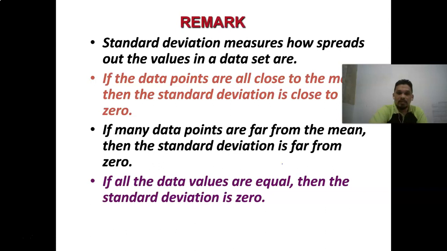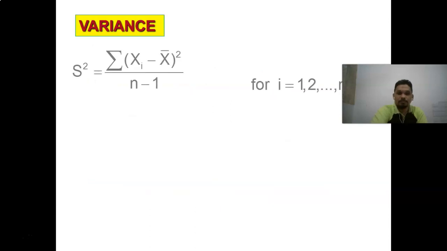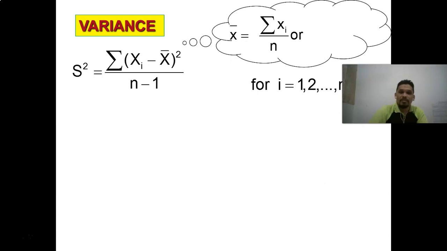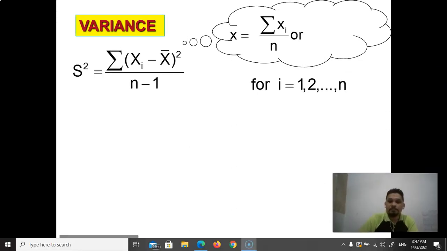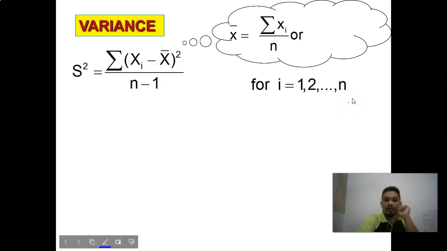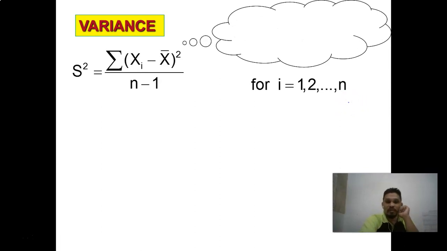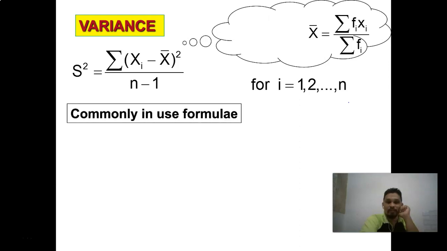The standard deviation measures how spread out the values in the data are. If all data are close to the mean, then the standard deviation is close to 0. If many data points are far from the mean, then the standard deviation is far from 0. So then the variance is the summation of xi minus x bar, the mean, squared, divided by n minus 1.